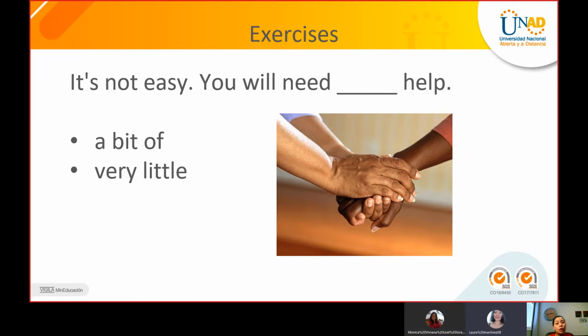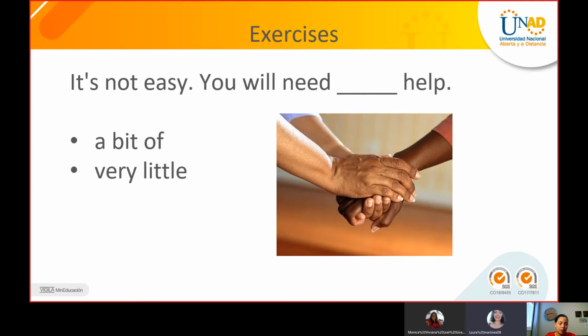So it's not easy, so you will need some help, because very little... es como cuando algo es más fácil que otra cosa, creo.